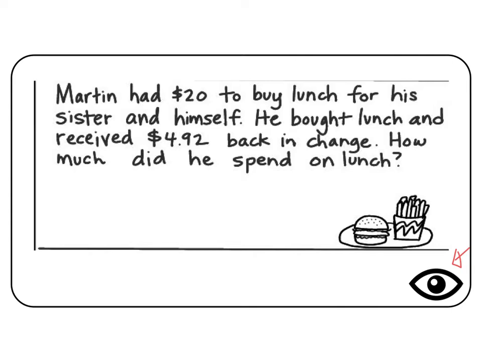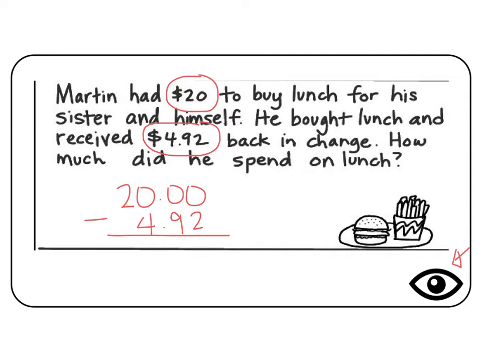Let's think about what we know. Martin had $20 and he bought lunch for his sister and himself. Then he got back $4.92. So if he started with $20, I'm going to subtract how much he got back in order to find how much he spent.